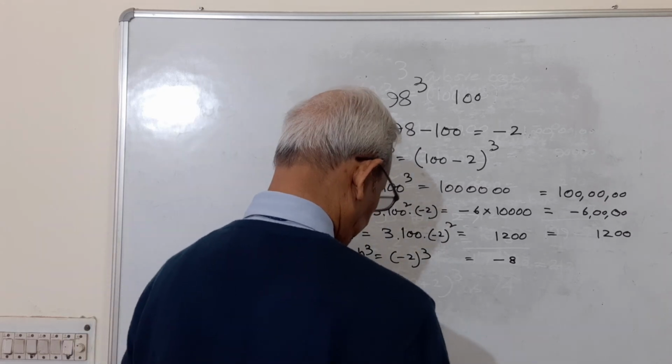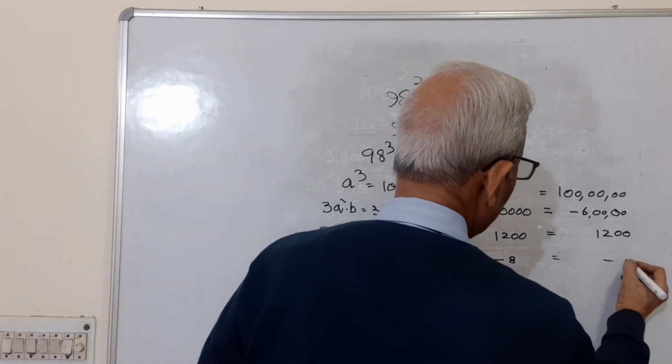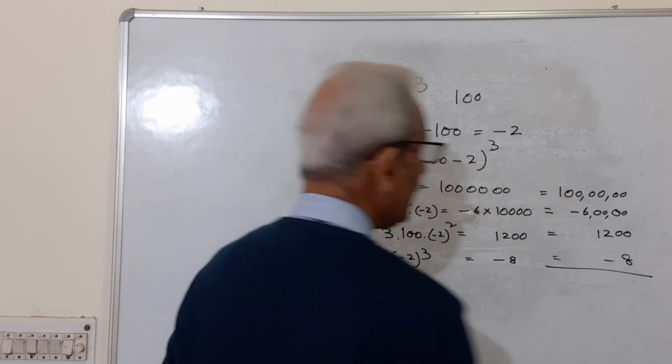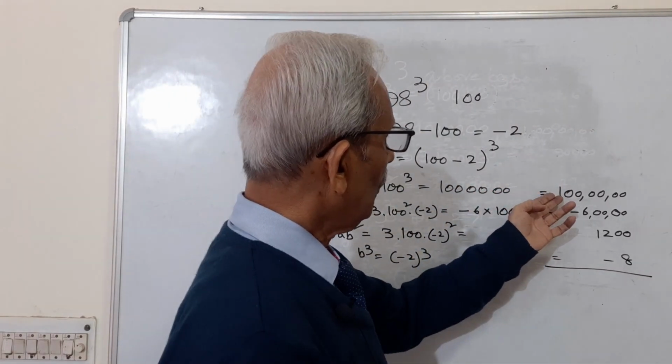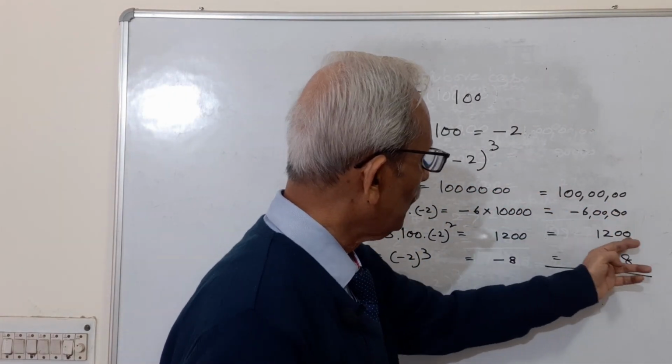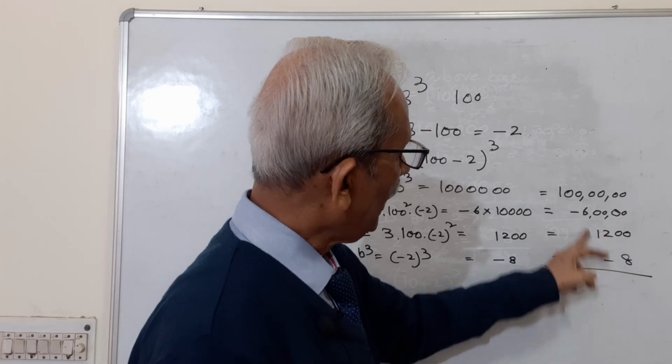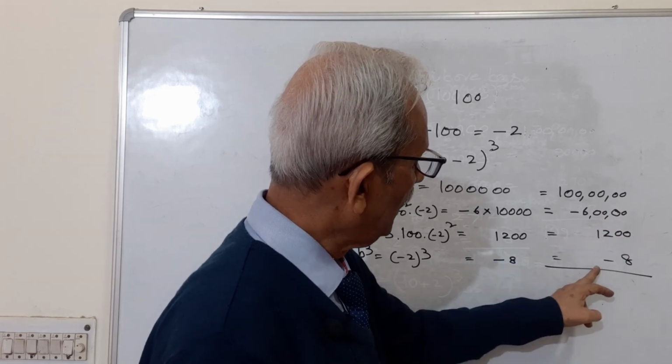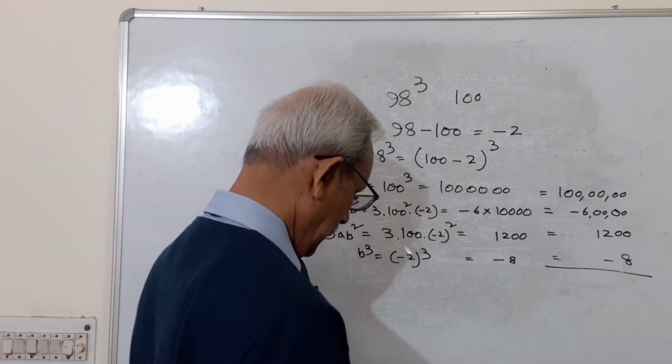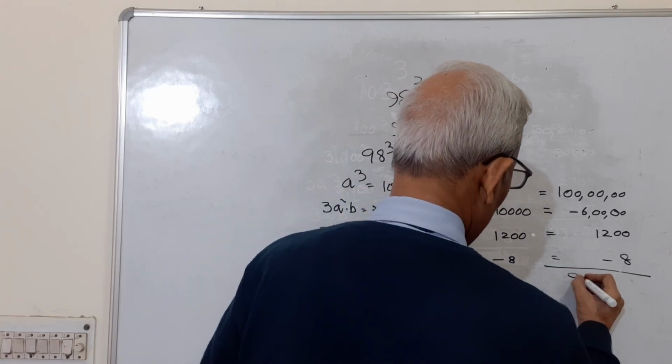Now add 1,001,200 and the negative part 60,000 with 8.